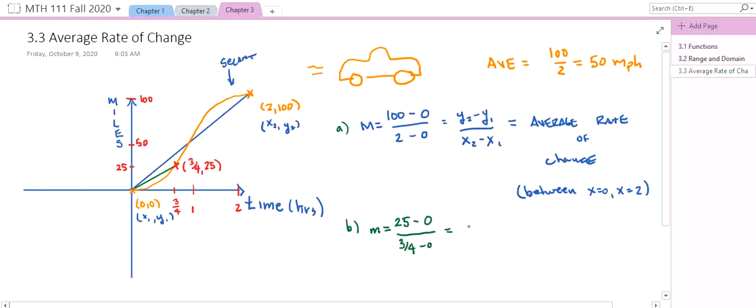So that's the same thing as 25 times 4 divided by 3 equals 100 over 3, which is what? 33 1/3. Multiply 33 1/3 by 3, you get 100. So 33 1/3. Wow, miles per hour is our average rate of change between these 2 points.